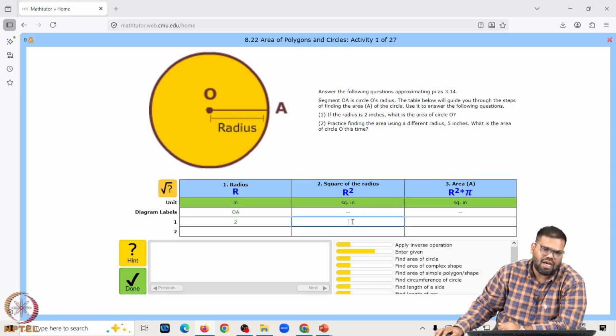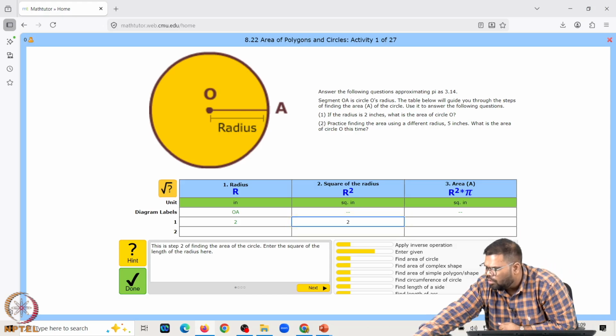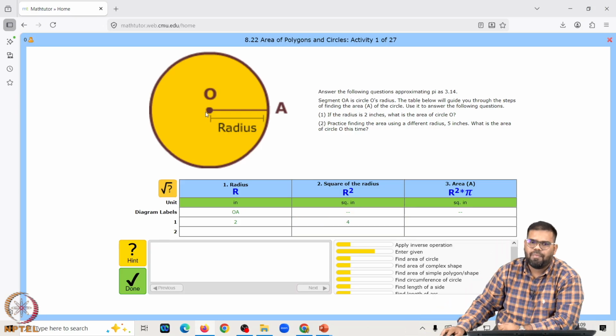How to calculate r square, I don't know. So I can use a hint. The hint says, in step 2 of finding the area of circle, enter the square of the length of the radius here. So the square of the length, 2 square. Maybe we can type 2 into 2, enter.